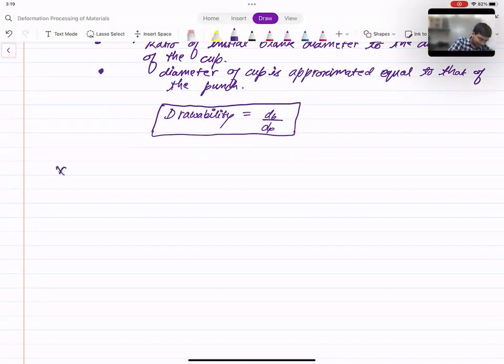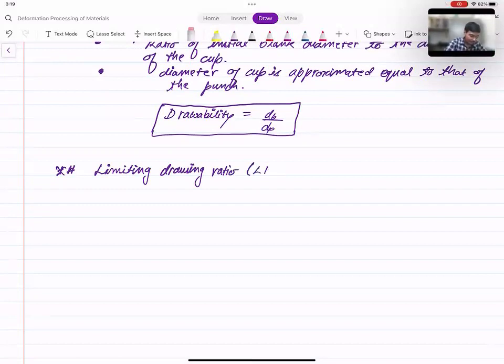So the next thing is limiting drawing ratio. It is also known as LDR. And this is defined as the maximum value of this drawability ratio.